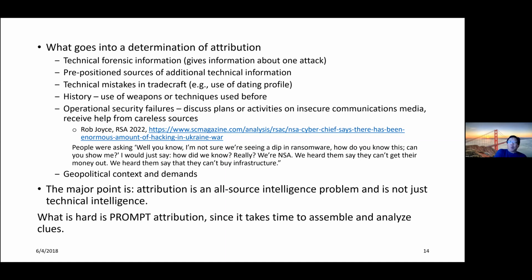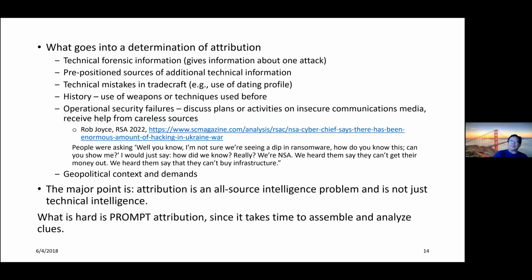Really? We're NSA. We heard them say we got screwed. They can't get their money out. They can't buy infrastructure and so on." So listening to conversations gives you information. And geopolitical context and demands also give you some information about who might be responsible. The major point is that attribution is all-source intelligence, not just a question of technical intelligence.